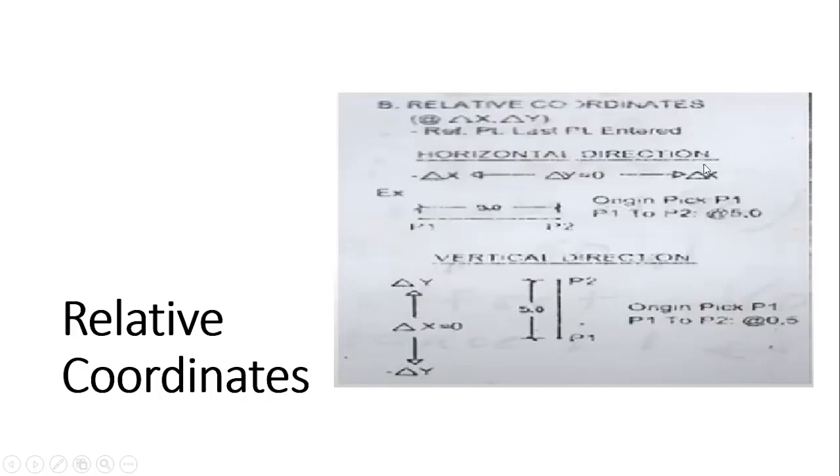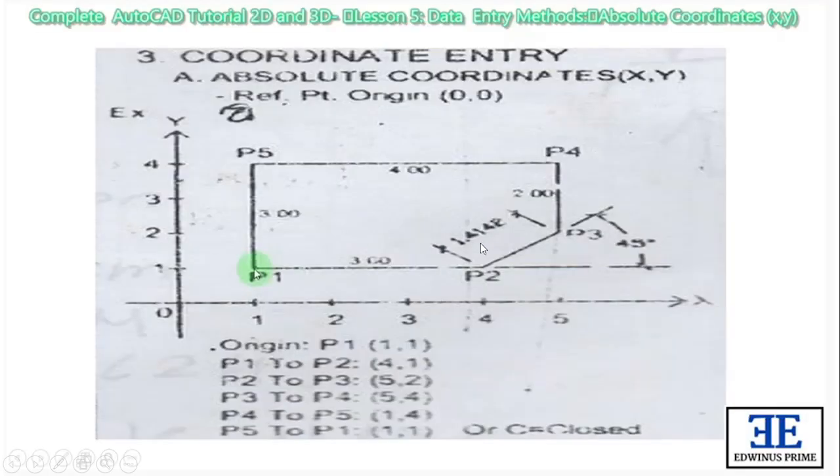To apply these relative coordinates, we should use the examples from video number 5. As you recall, in video number 5 about the absolute coordinates, we used this diagram with point 1, point 2, point 3, point 4, and point 5.